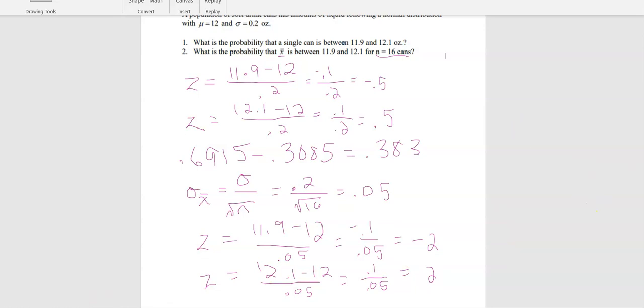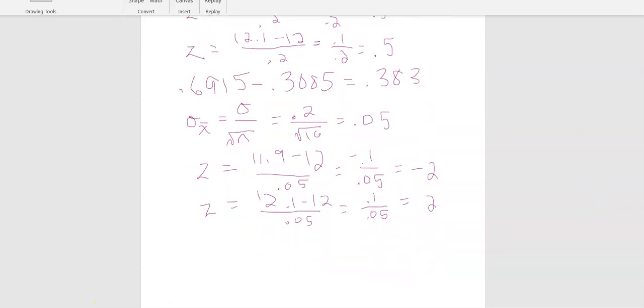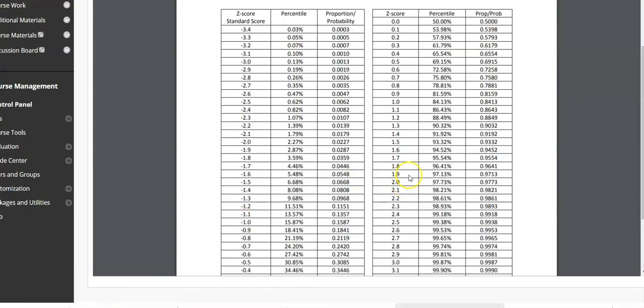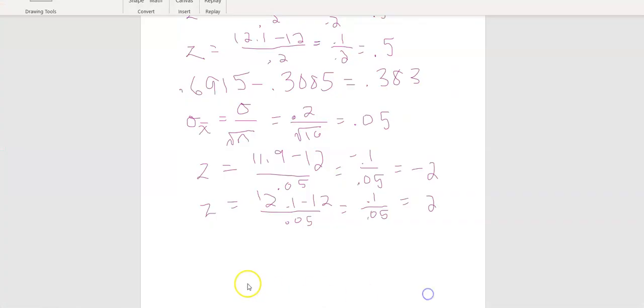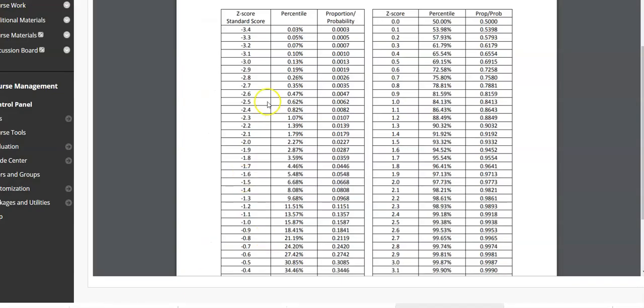All right, so give myself some more room and let's go back to the table. We'll go to the 2 first because that will be the bigger number. 2 is going to give us 0.9773. And then we'll subtract off what we get for negative 2.